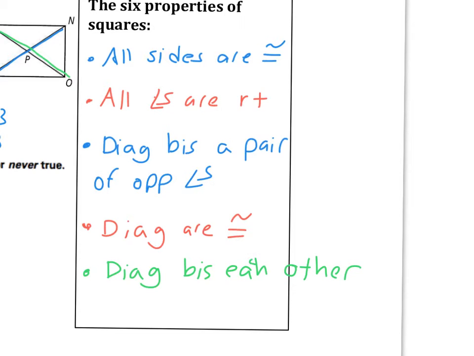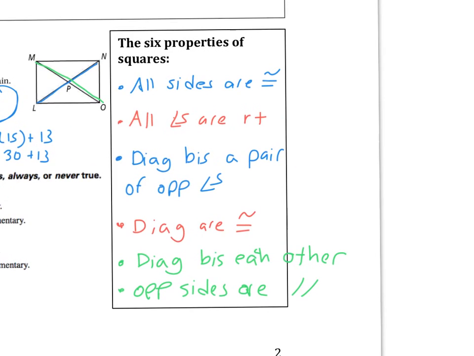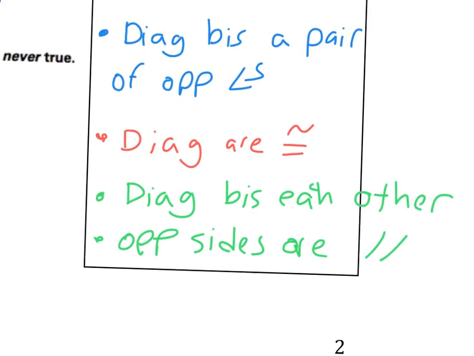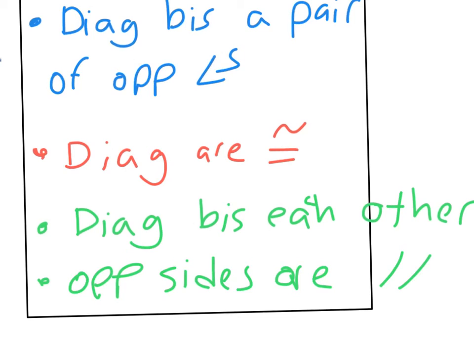Also in parallelogram heritage, opposite sides are parallel. Good. So being even more specific, not only do diagonals bisect each other, but the diagonals are perpendicular bisectors of each other. And that's actually the heritage of both rhombus and parallelogram.